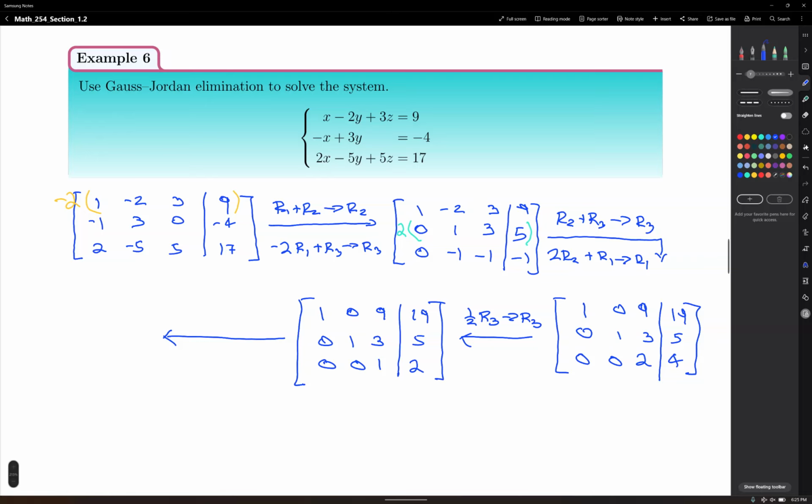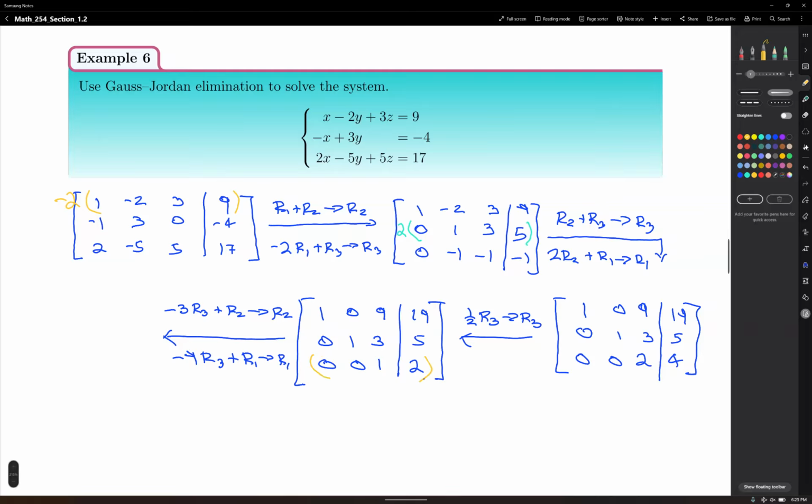So that means negative 3 row 3 plus row 2 to produce a new row 2. And negative 9 row 3 as well, plus this time row 1, and that to produce a new row 1. Okay, let's execute the operations.